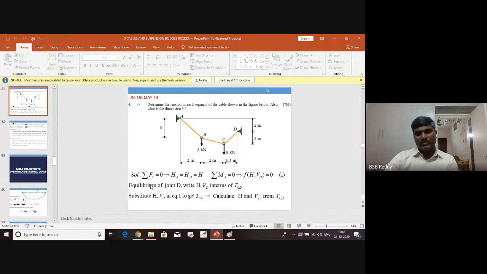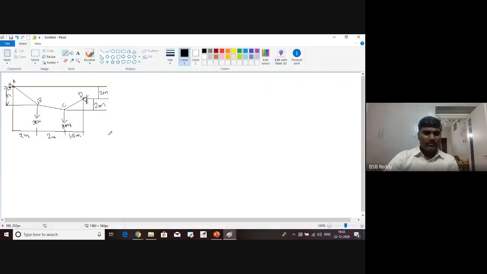The problem says to apply sigma Fx equals 0. So what do you need to do first? You have to draw the free body diagram. So remove the supports, remove the supports.